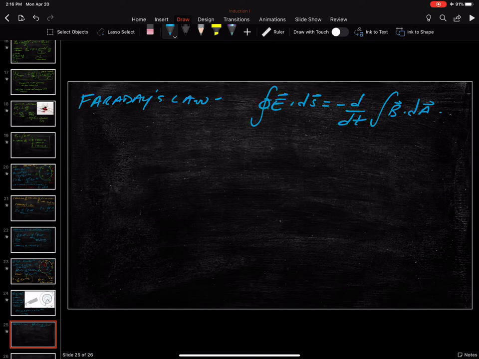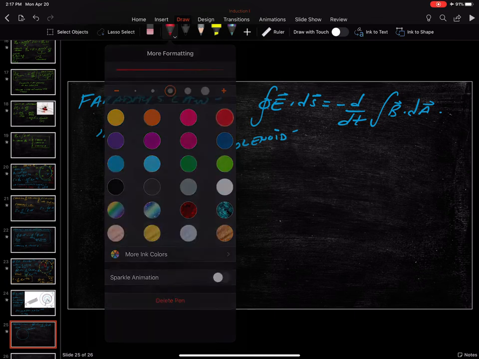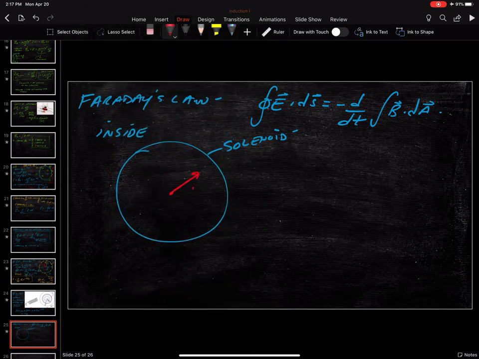Okay? Now in this case, let's take these two cases, inside. Okay, so I look at the situation here. Here's the solenoid. And I say, all right, I'm going to come out here some distance from the center, r.